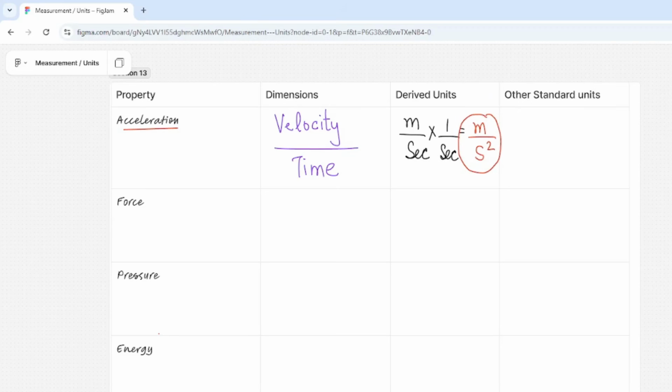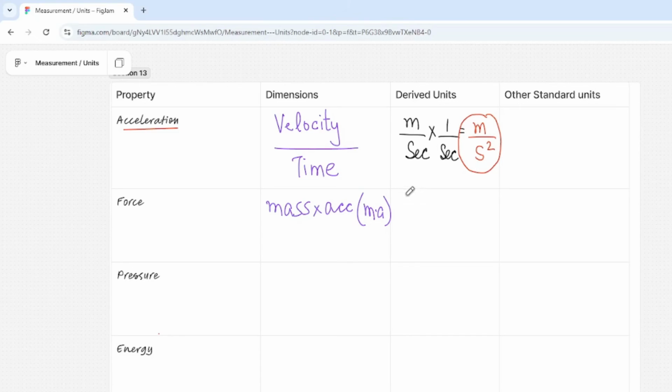What is force? Force is mass multiplied by acceleration. Mass into a, product of mass and a. So the dimensions of mass and acceleration are multiplied. Now we'll write the derived unit for mass.